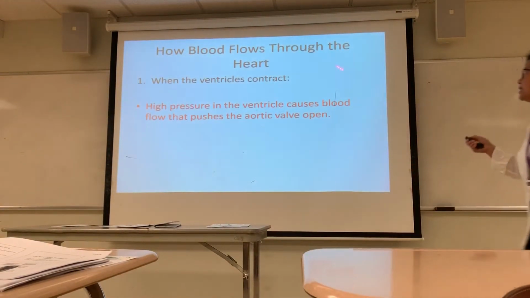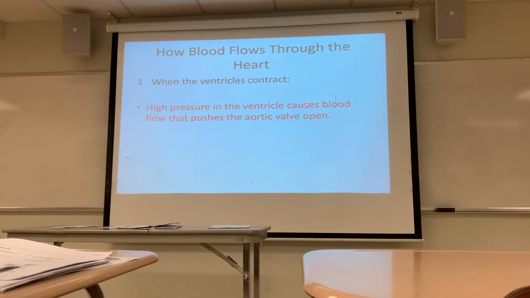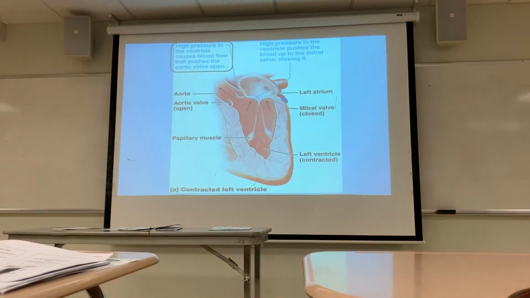So when the ventricles contract, contract means squeeze. The high pressure in the ventricle pushes blood into the aortic valve, right? Next. In this drawing, you will see the arrow. This will be your aortic valve. The aortic valve opens because the left ventricle contracts to squeeze the blood.